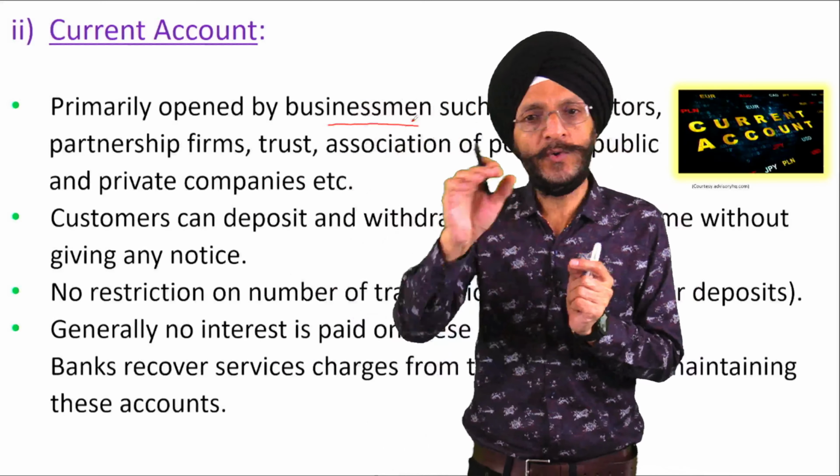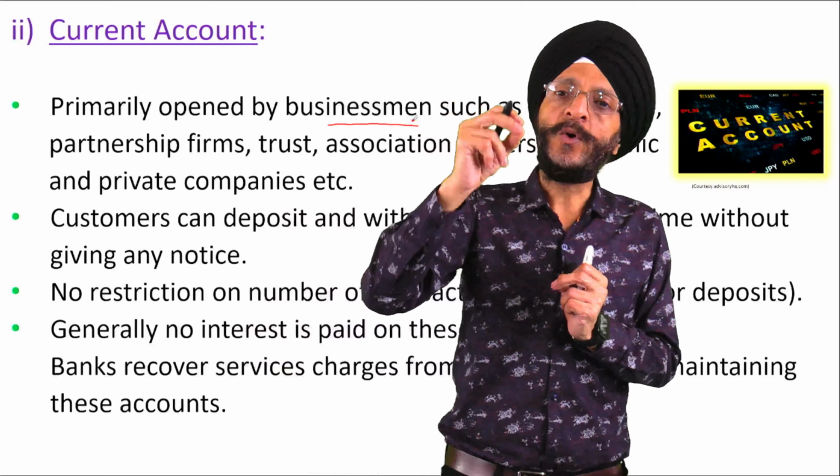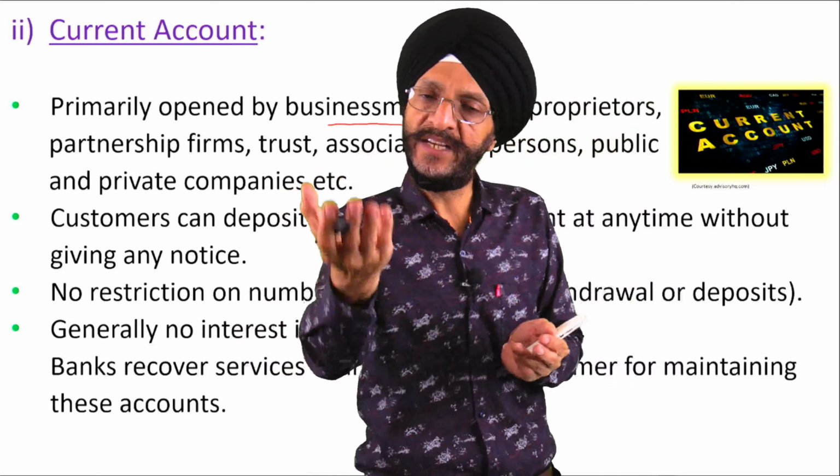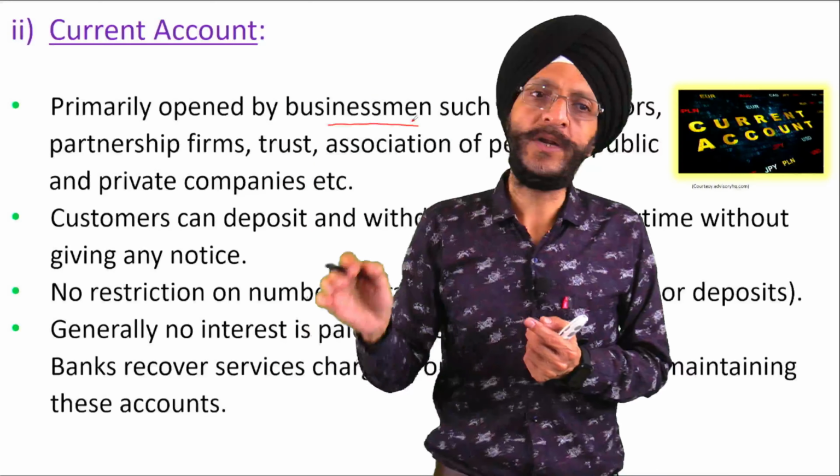Why? Because there is no restriction on the number of transactions which they can do on any day with the bank. That is, they can go to the bank any number of times in a day to withdraw or deposit money.